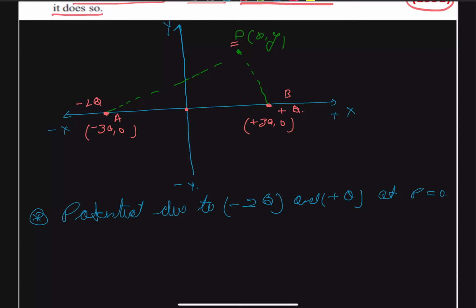Therefore we can say that the potential due to minus 2q should be equal to the potential due to plus q. Or it's much more convenient if we add them, that should be equal to 0.